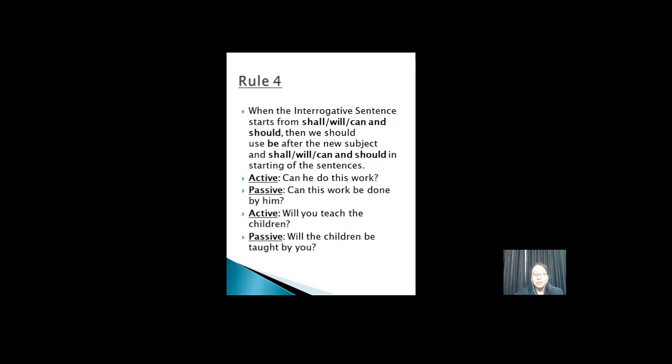Can he do this work? Passive voice: Can this work be done by him? Active: Will you teach the children? Passive: Will the children be taught by you?